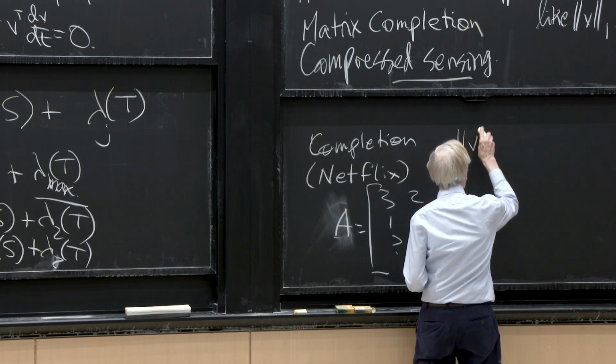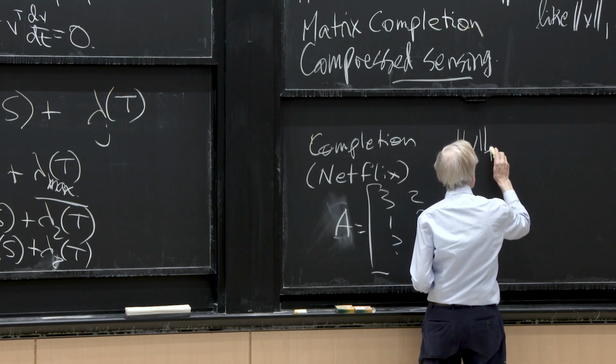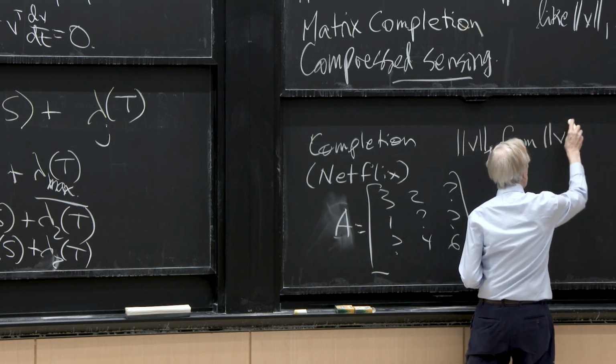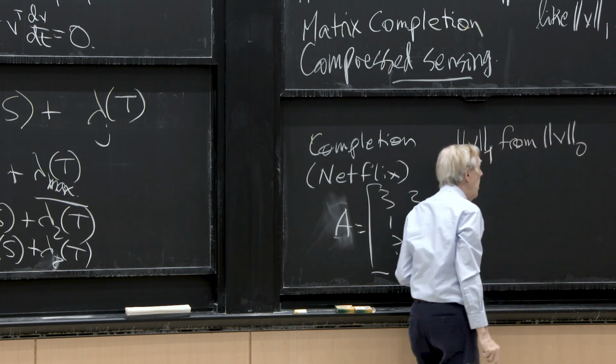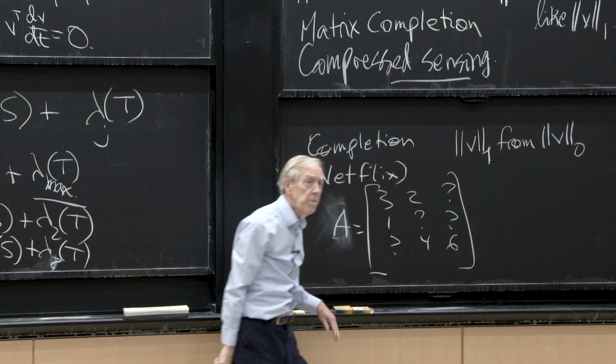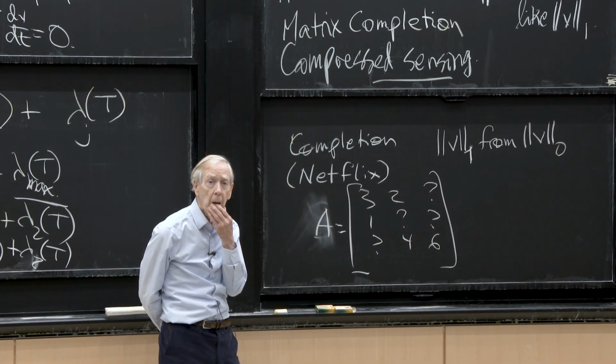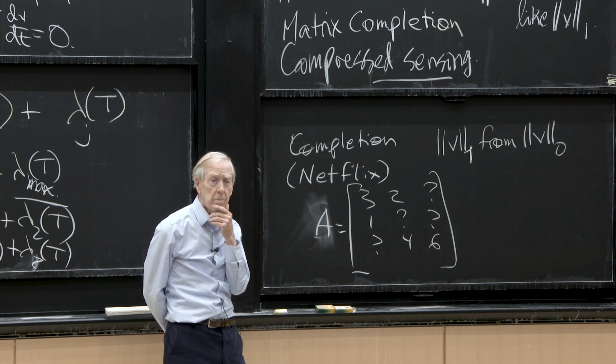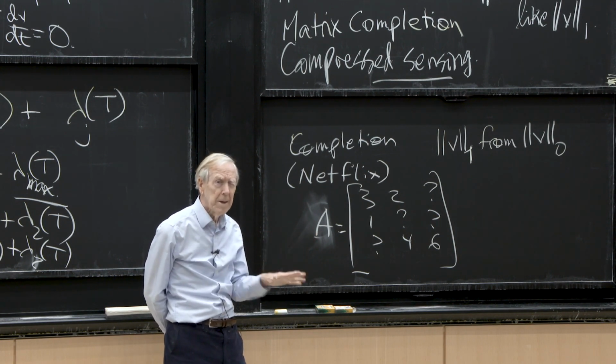And so, you remember V1 came from the zero norm. And what is the zero norm of a vector? Well, it's not a norm, so you could say, forget it, no answer.